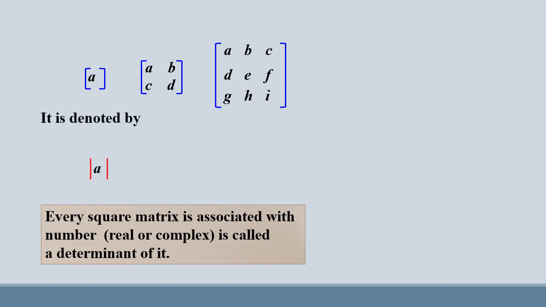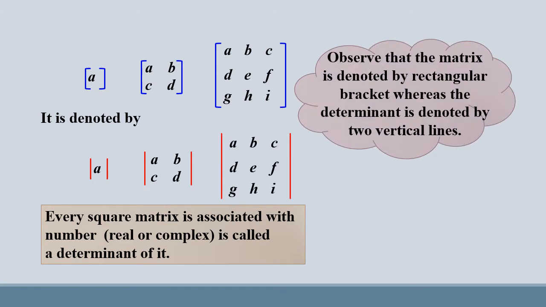It is denoted by writing the elements of a matrix between two vertical lines. So in case of determinants, the brackets are replaced by two vertical lines.